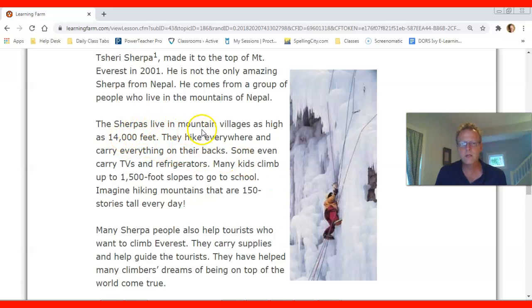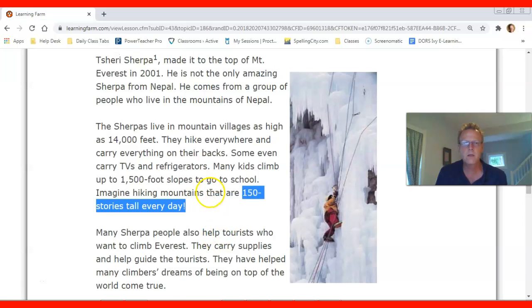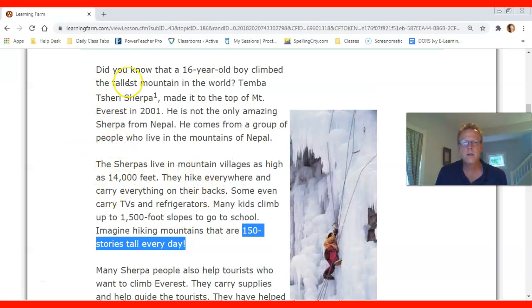The Sherpas live in mountain villages. And by the way, I scanned the text and saw it right here. Let's just start at the beginning. Why do they share this? Did you know that a 16-year-old boy climbed the tallest mountain in the world?